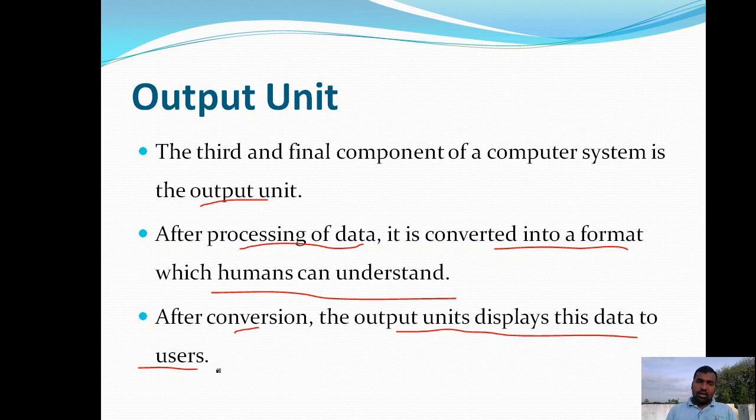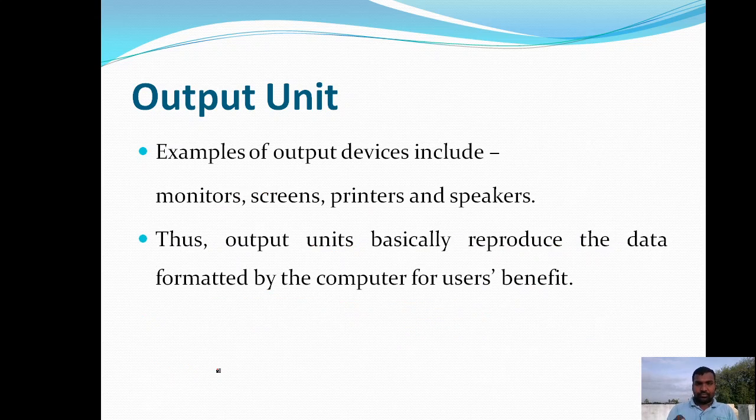So before displaying the result of the computer, whatever result is generated by the central processing unit is converted into human readable form, then it is displayed on the computer so that the user can easily understand what output the user is getting after giving some input with the help of an input device. The examples of output devices include monitors, screens, printers, speakers, etc.